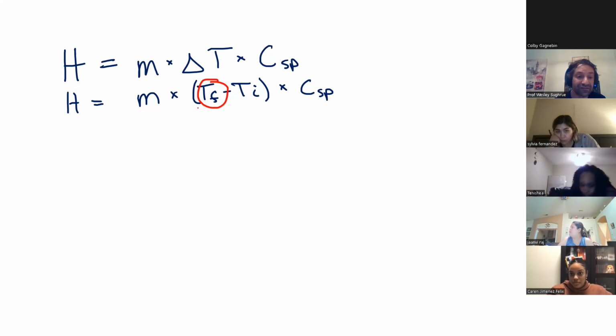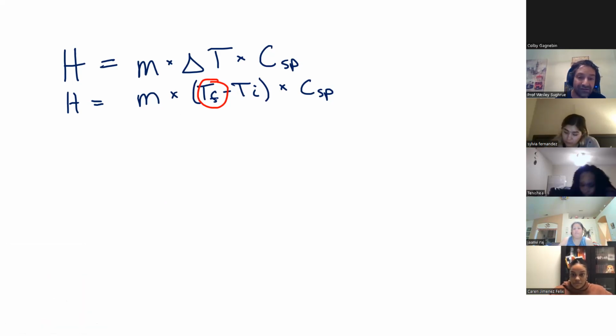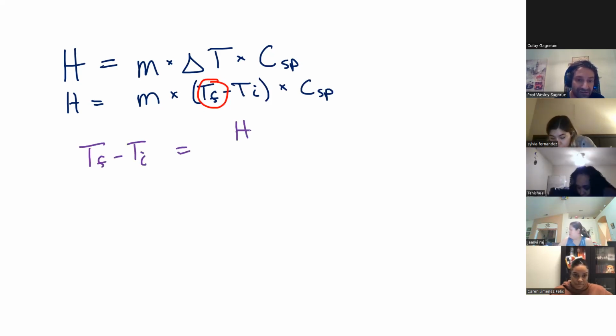Anyways, we're trying to solve for this thing. So very quickly, we do some manipulation. You start probably dividing both sides by mass and specific heat capacity. So you end up with temperature final minus temperature initial is equal to heat over mass times specific heat capacity.